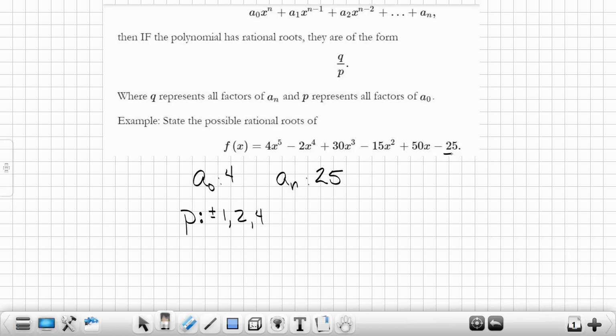I'm not going to try to fool you by misordering it or something like that. So A sub n is a little easier, which is our Q values are factors of A sub n. So it's a plus or minus in front. And what multiplies to 25? 1, 5, 25.